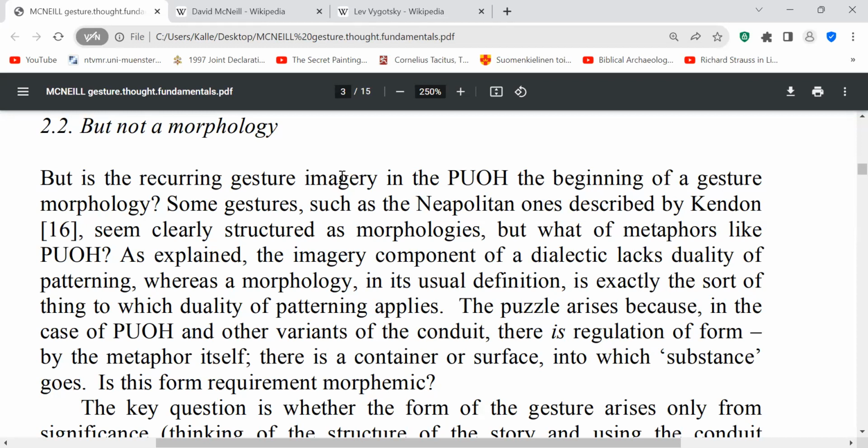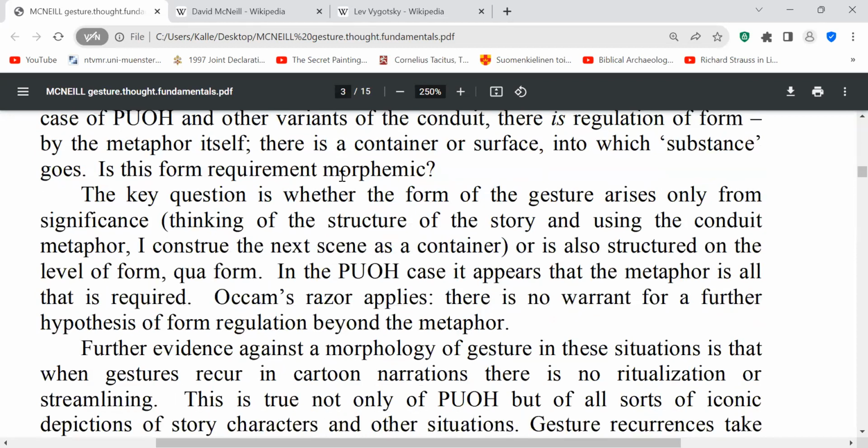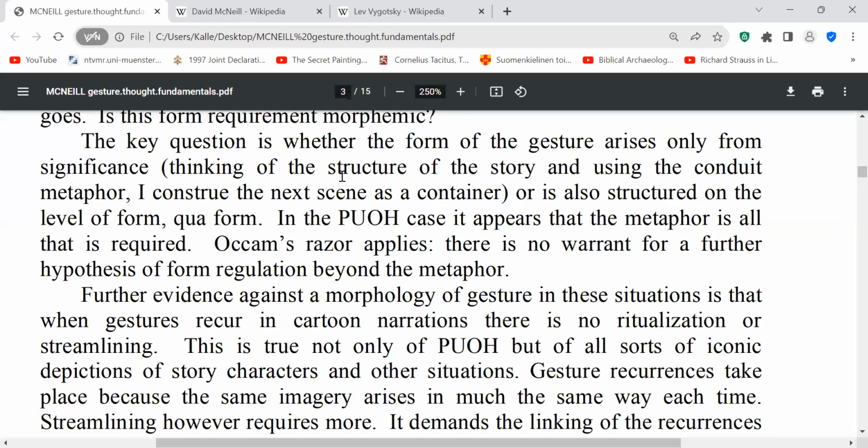There is a container or surface into which substance goes. Is this form requirement morphemic?